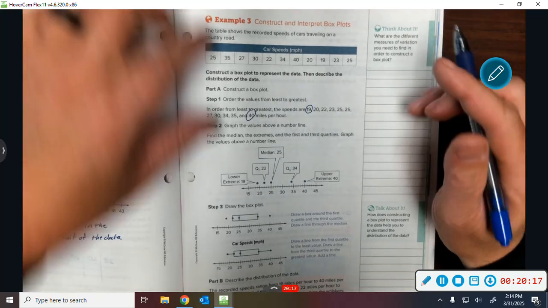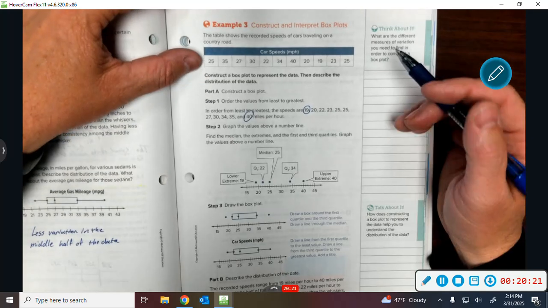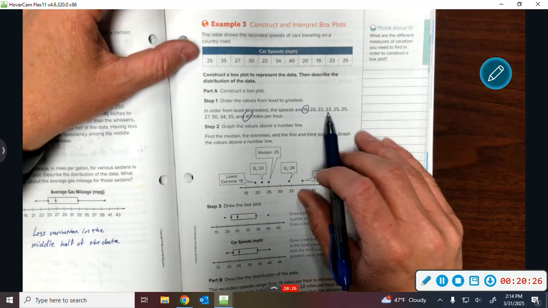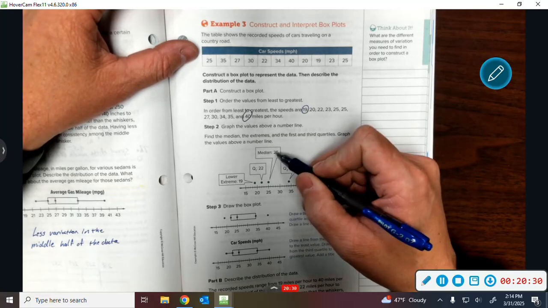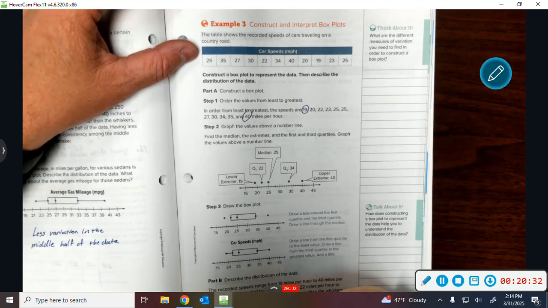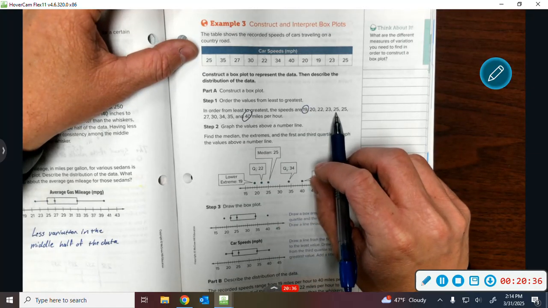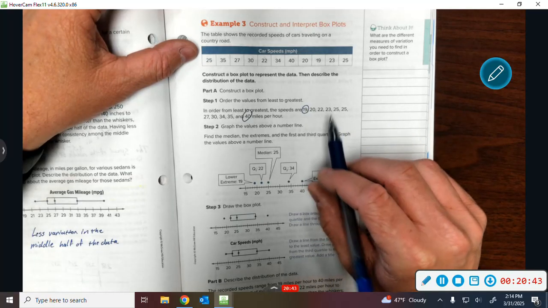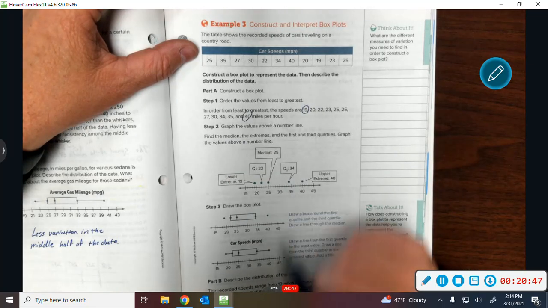Then we need to find the middle, and it looks like they end up with 25 as the middle, so that's our median. Then the middle of the lower half is going to end up being 22, and the middle of the upper half is going to end up being 34. So we put dots for those.